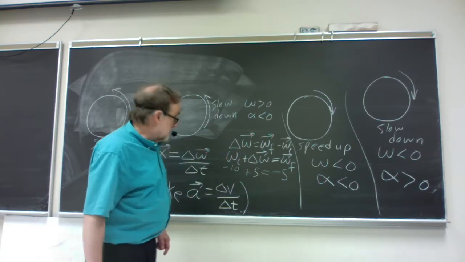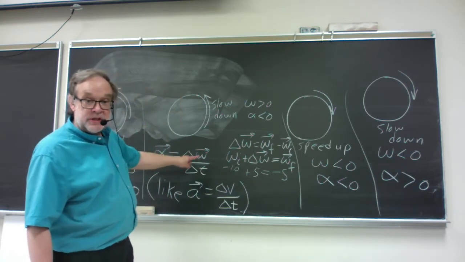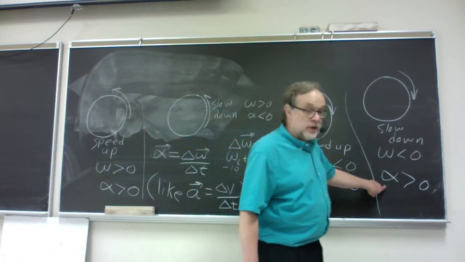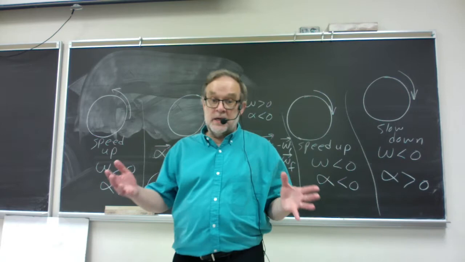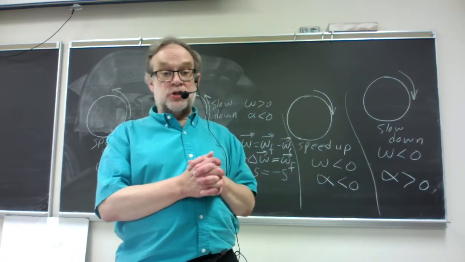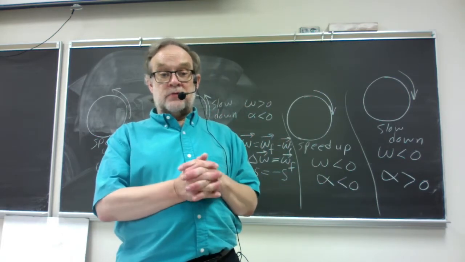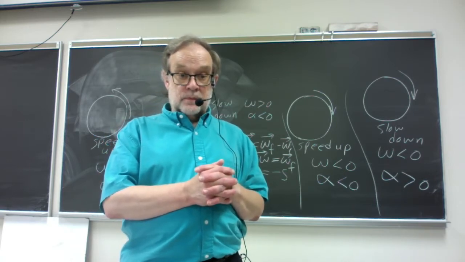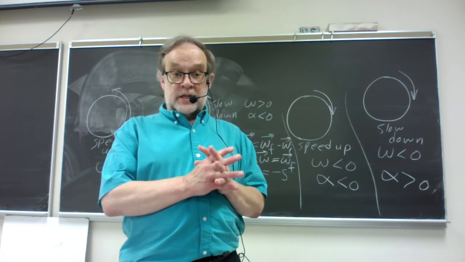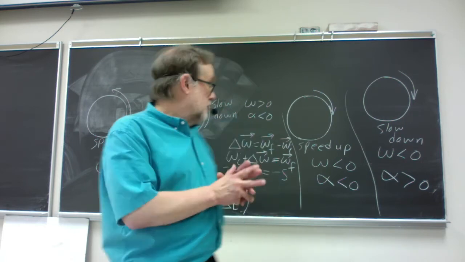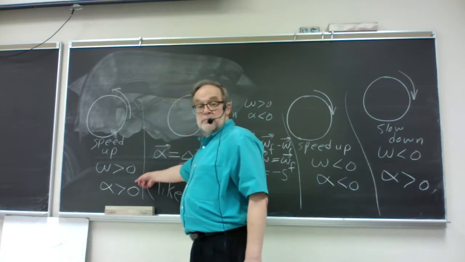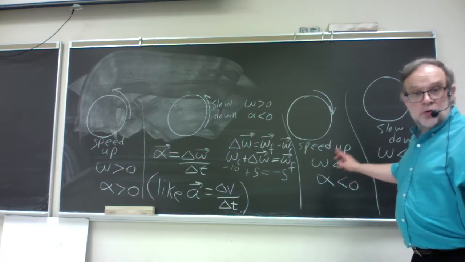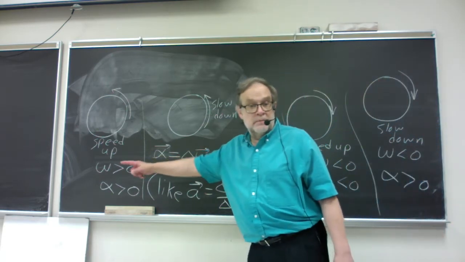And of course, acceleration points in the same direction as the extra velocity added on. So the acceleration is positive. And here we see exactly the same kind of pattern as we saw with regular meters per second velocity and meters per second acceleration. Whenever velocity and acceleration point in the same direction, like they do in this case, both positive, or in this case, both negative, that always corresponds to speeding up.